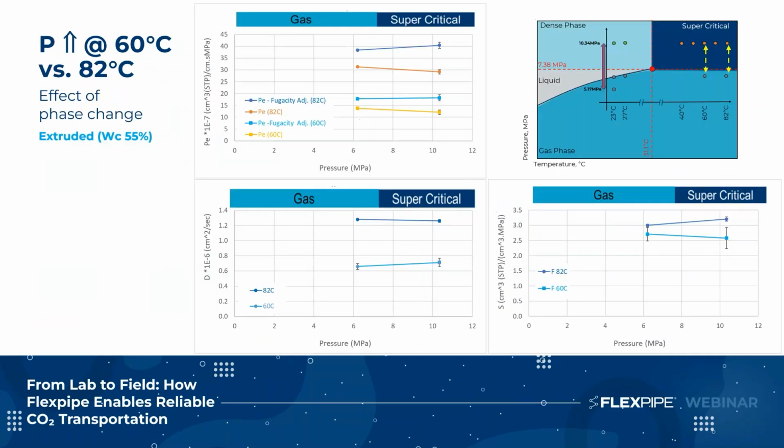This slide demonstrates how phase change between gas and supercritical phase impacts the permeation properties. We looked at two temperatures of 60 C and 82 C. The phase transition occurs due to the change in pressure while the temperature remains constant.